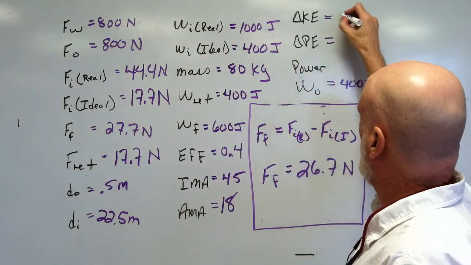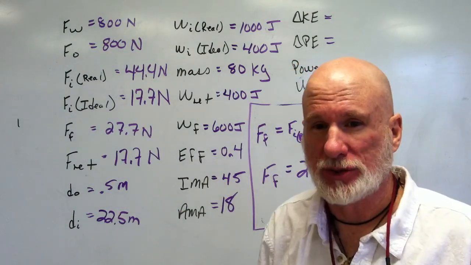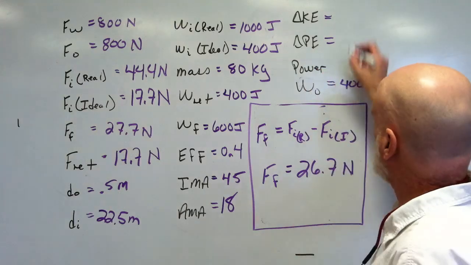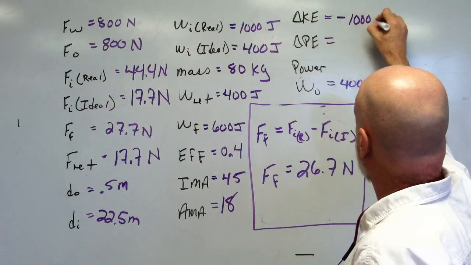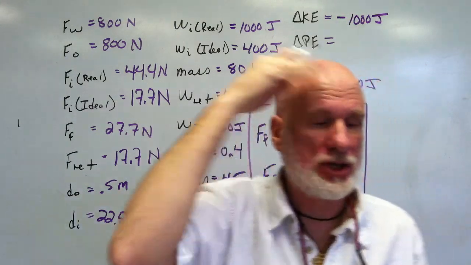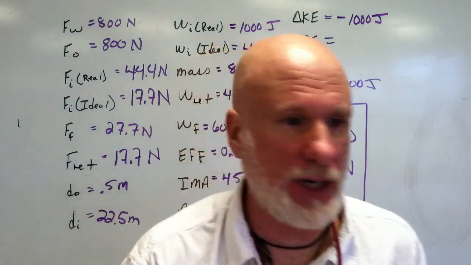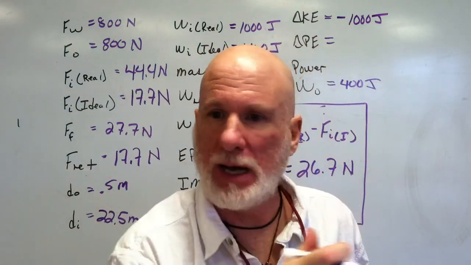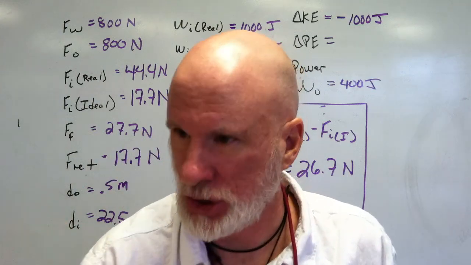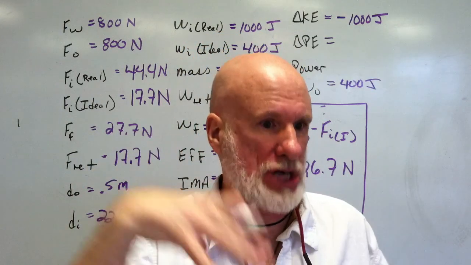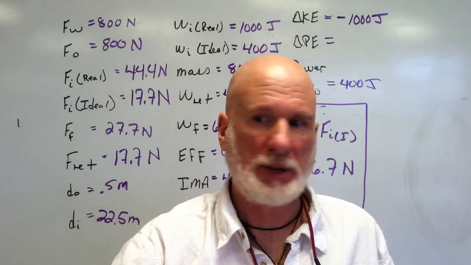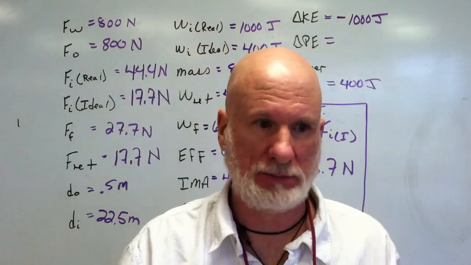So, minus or plus 1,000 joules? Minus. So in other words, the total energy you put in. Some was converted to heat through friction, but some of the initial kinetic energy was actually used to do the job. Correct? But the total was 1,000.